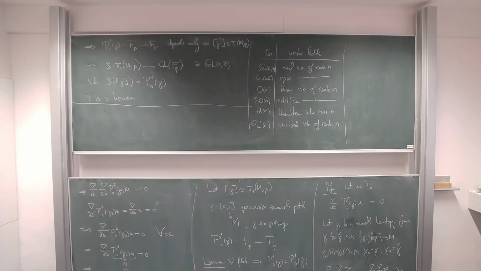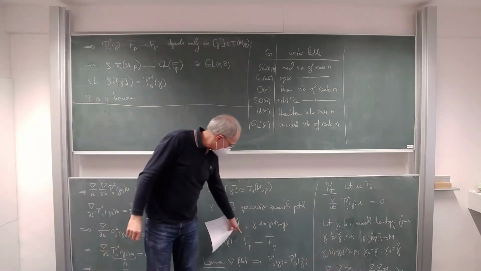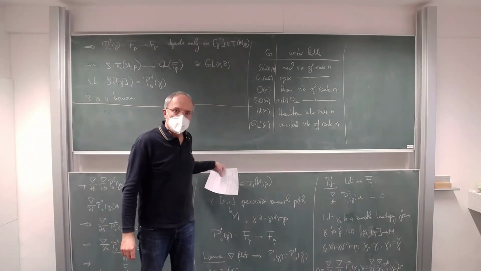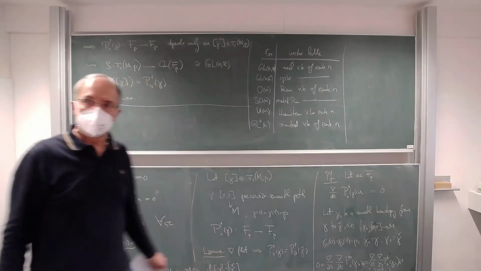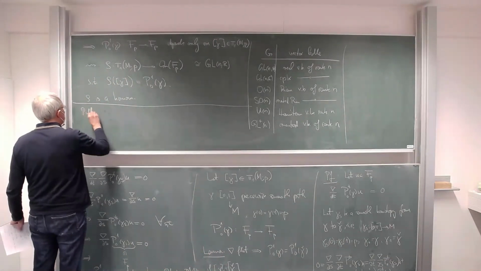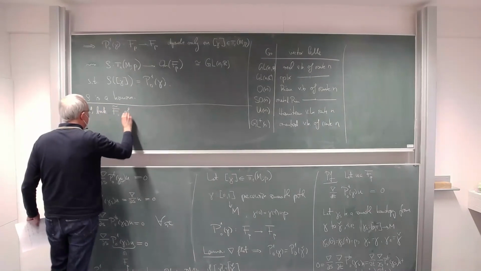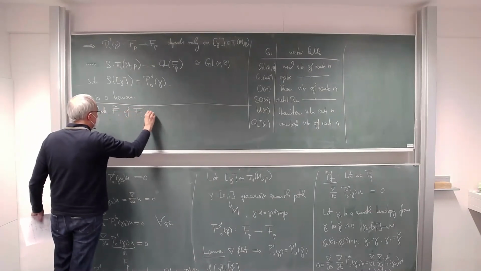Well, I was going up to the universal cover and then associating my representation space to the universal cover regarded as a principal bundle. So let's see what happens if I take this vector bundle F and just pull it back to the universal cover first. So pull back, let me call the pullback F tilde of F to the universal cover.